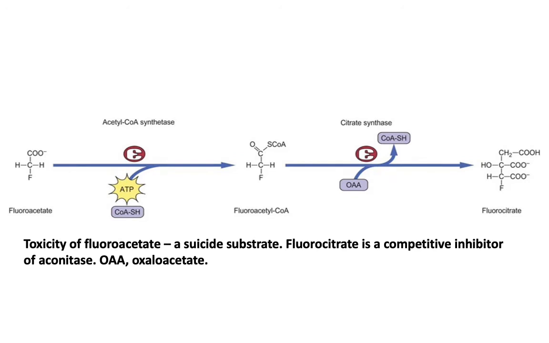Now there's a pretty potent inhibitor of this, and the compound that is generally added is fluoroacetate. So it's replaced one of the hydrogens with a fluorine on the acetate molecule, and that gets incorporated into acetyl-CoA as fluoroacetyl-CoA.